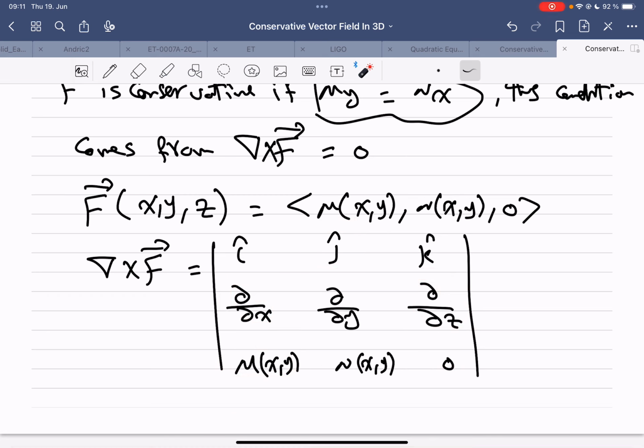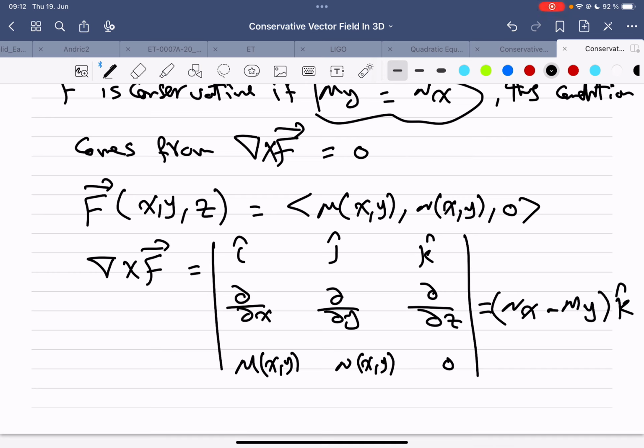So the only term here is d by dx n, so this will be n x, minus d by dy m, which is m y, the k component.